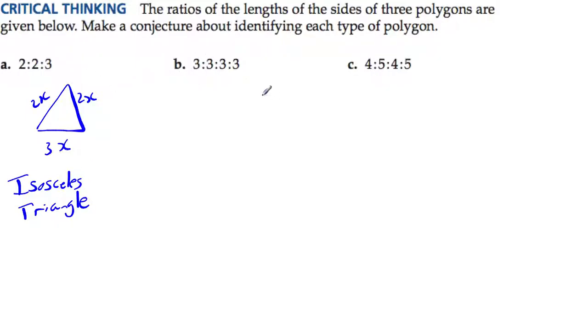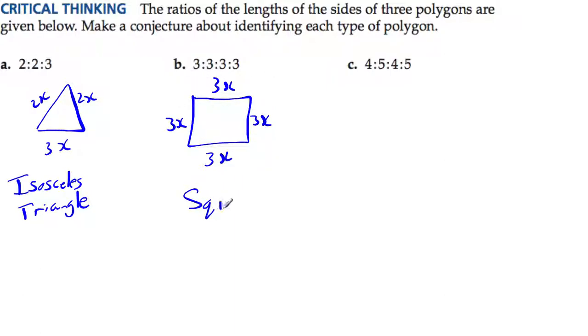So for part B, we have 4 sides, and it's all pretty much the same, right? So 3x, 3x, 3x, 3x. No matter what x is, these 4 sides are the same, making this a square. Now these 4 sides change.